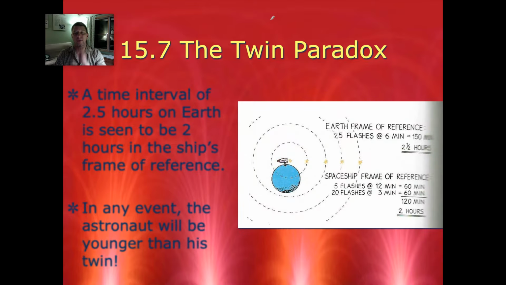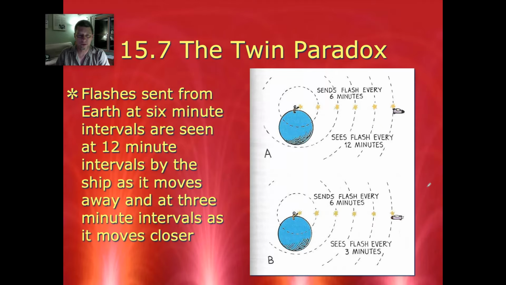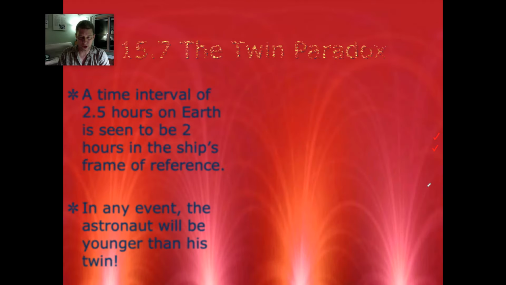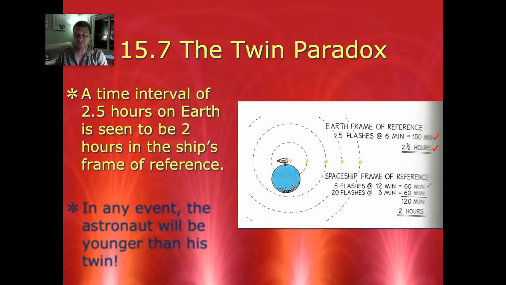From the Earth's frame of reference, he's going to send out 25 flashes at 6 minutes apiece. In that case, it's going to take 150 minutes or 2.5 hours. The first 5 flashes are going to be seen by the astronaut in his first hour at 12 minutes apart.